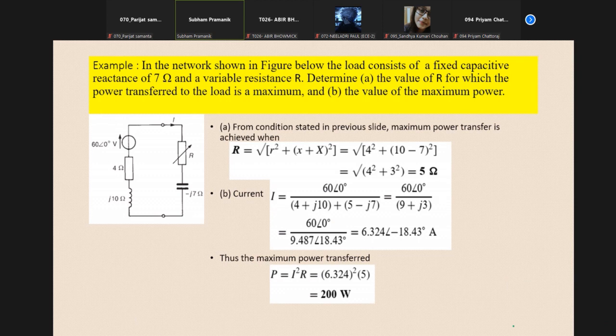We just derived that equation: capital R equals root over small r square plus (small x plus capital X) square.